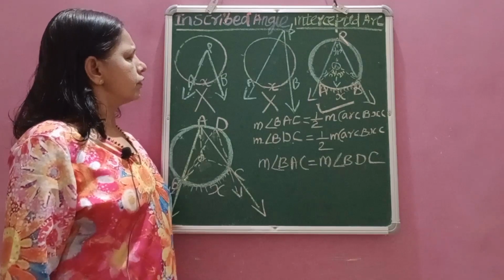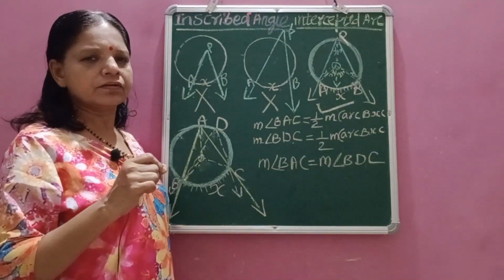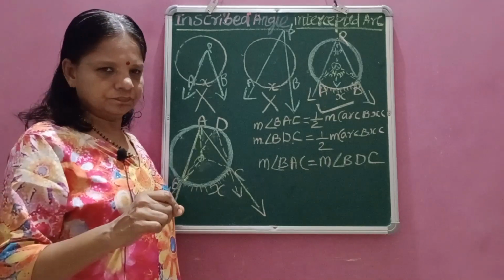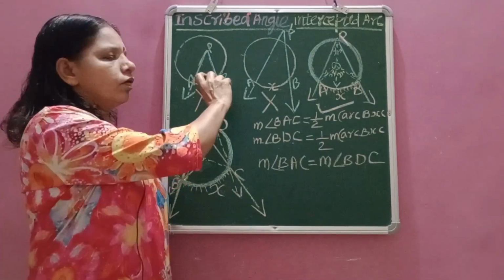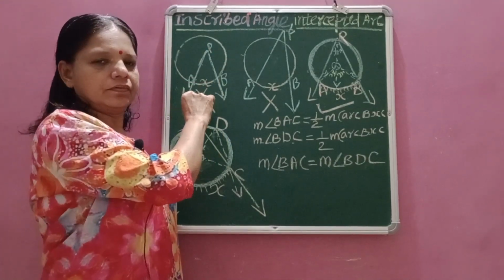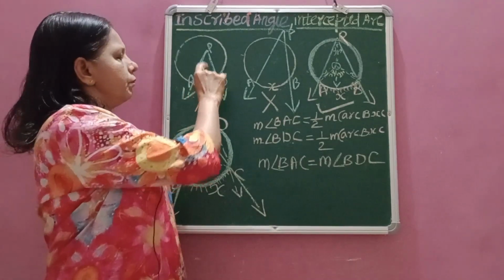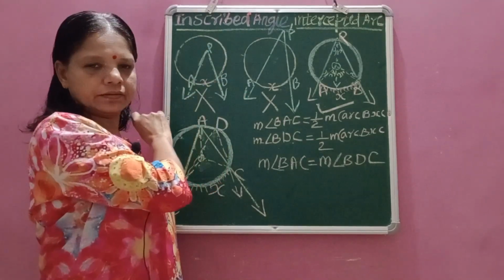In the first figure, you can see an angle and a circle. The angle is formed at a point P by the endpoint of an arc AXB. Clear that?